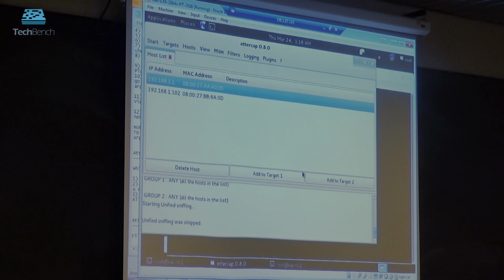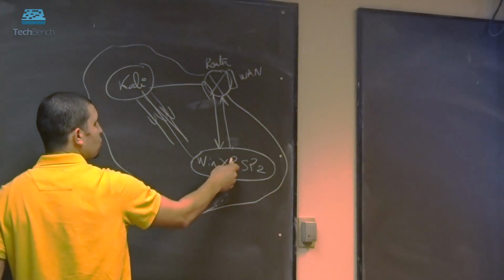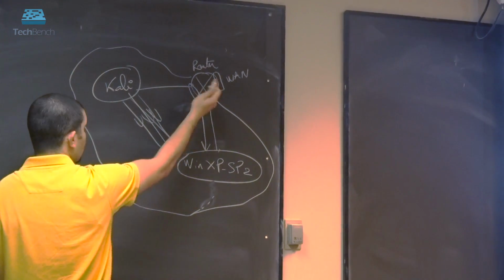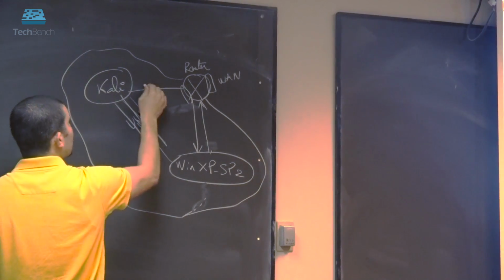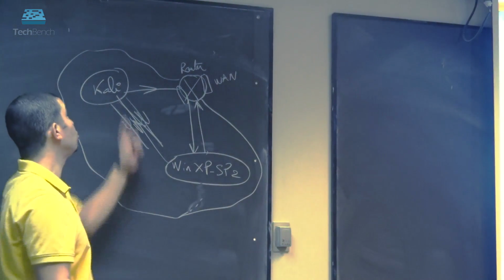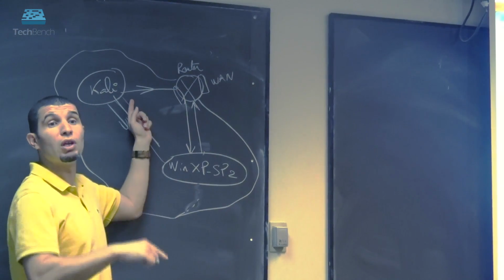Basically, Kali will poison the XP SP2 with a wrong mapping, which will force all the traffic in this direction. So if the Windows XP wants to send something to the gateway, it will send it first to Kali, and then Kali will forward it.